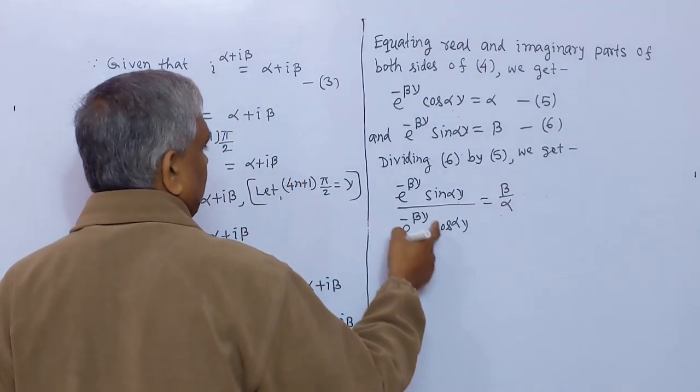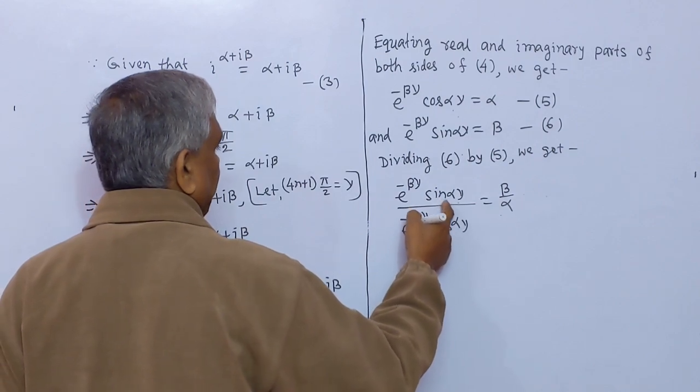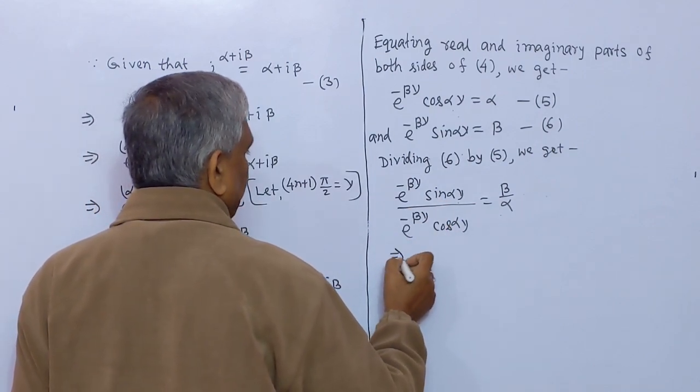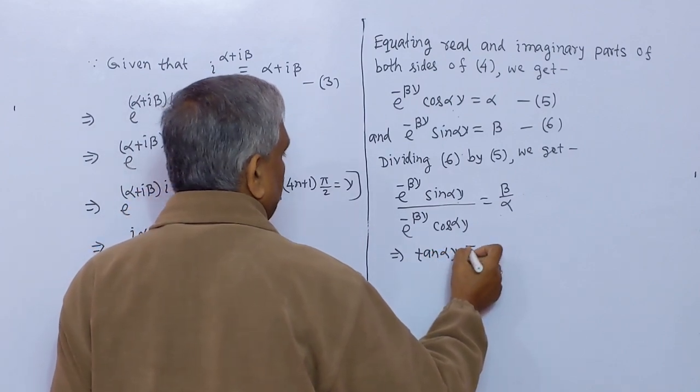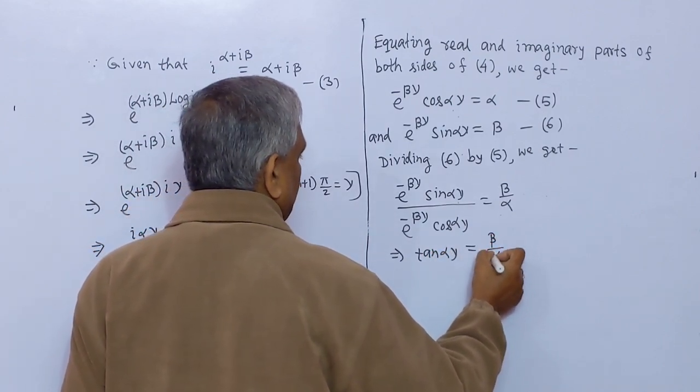This is cancelled. Here sin by cos is tan, so tan αγ = β/α.